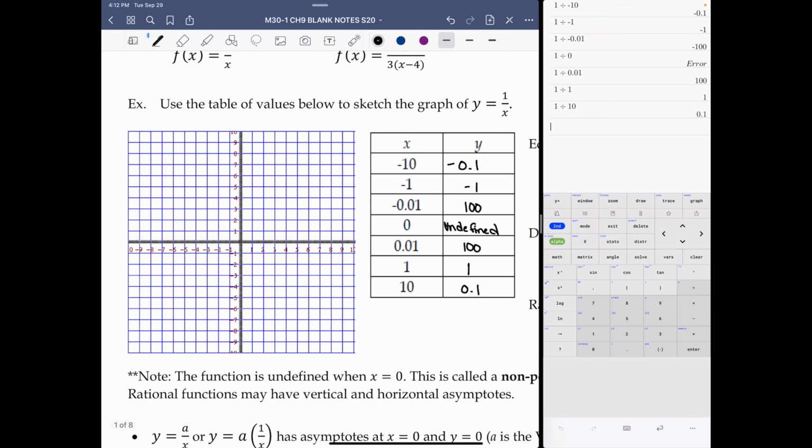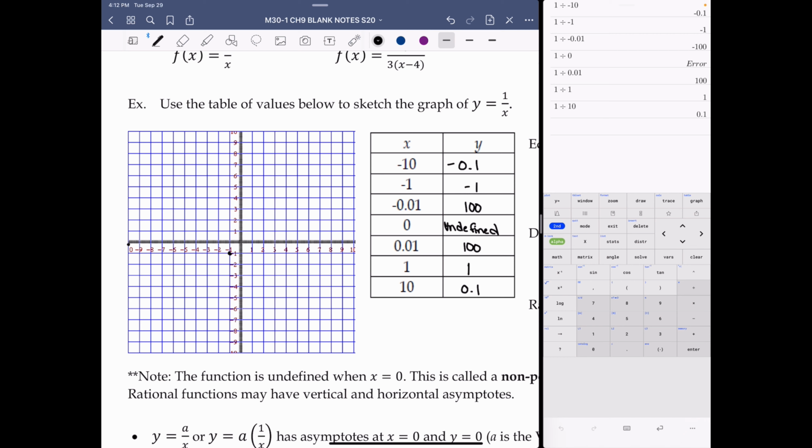Let's plot these points. When x equals negative 10, y is negative 0.1, so just barely below the x-axis. When x is negative 1, y is also negative 1.